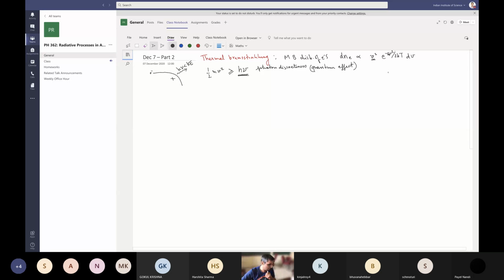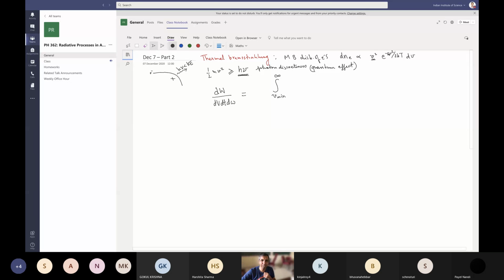So what is it given by? The power dW by dV dt d omega, the same expression, but now we will actually integrate over the electron distribution. So it goes from v_min to infinity.